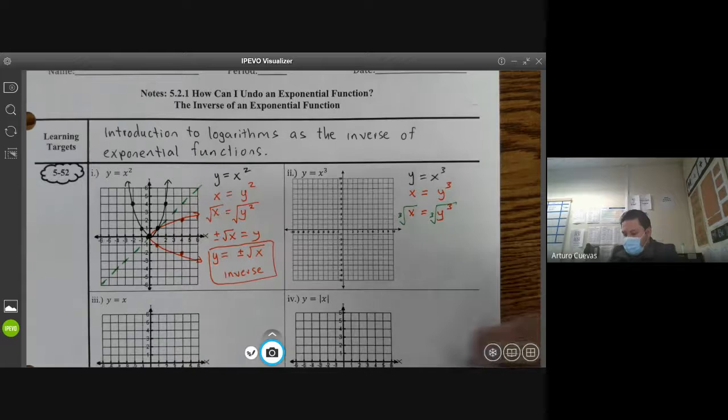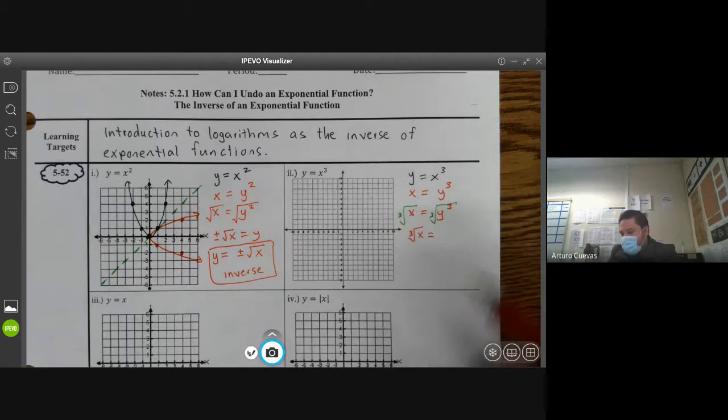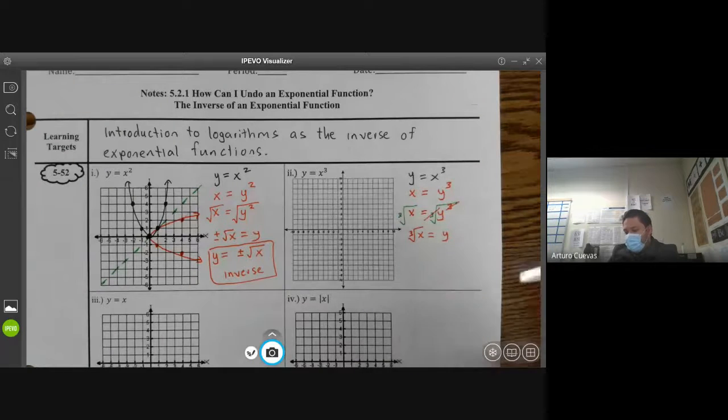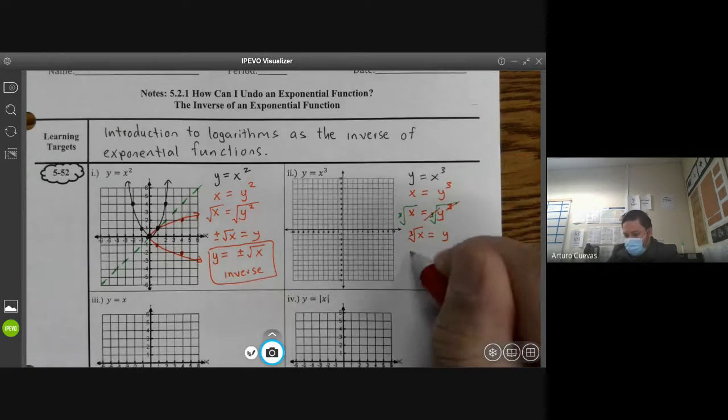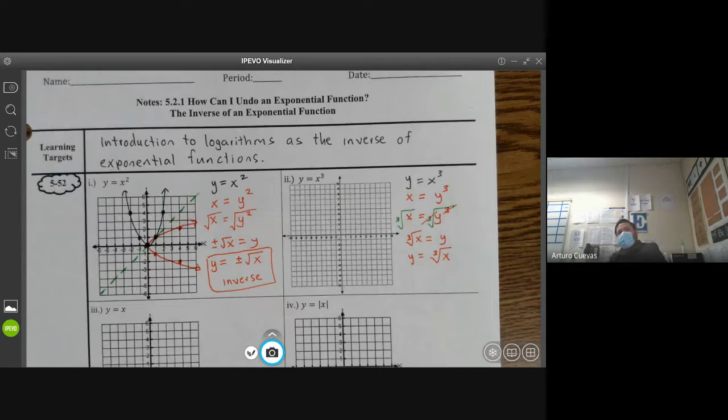When I do that, I get the cube root of x equals, what happens to the cube root and the cube exponent? They cancel out. Just like the square root and the squared exponent cancel out, the cube root and the cube exponent cancel out. If I want to put the y in front, my final equation for the inverse is y equals the cube root of x. Now, challenge question. Do we need a plus or minus?